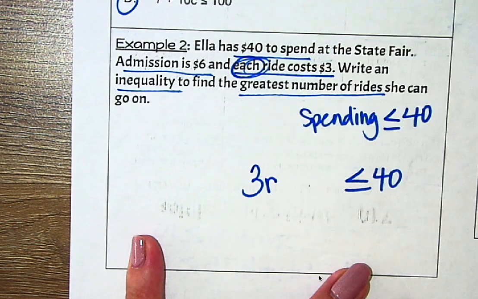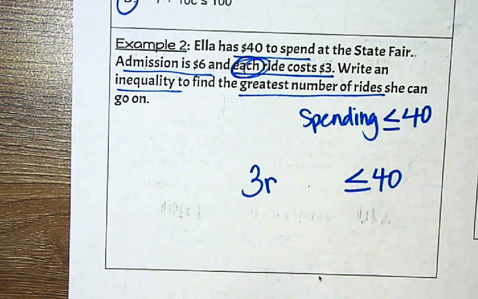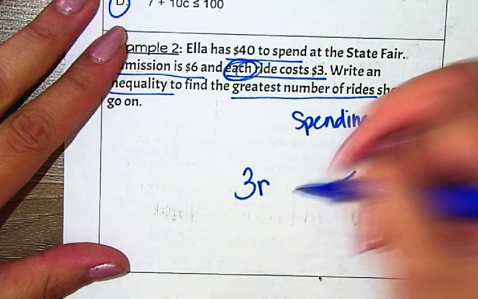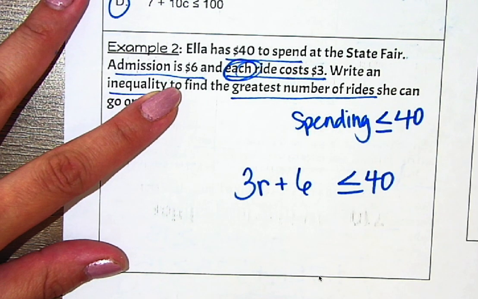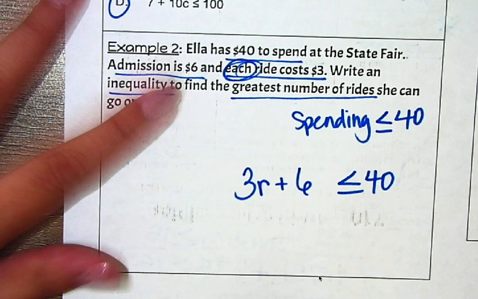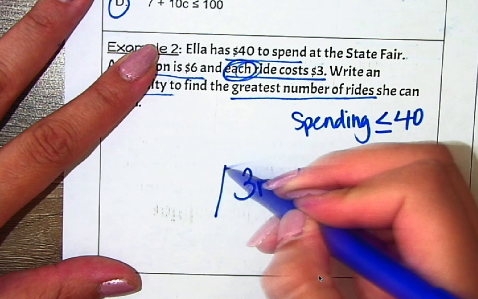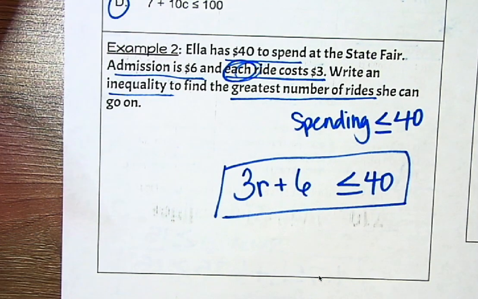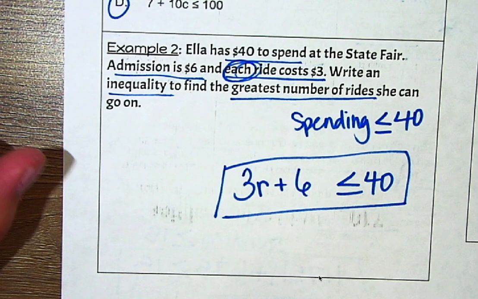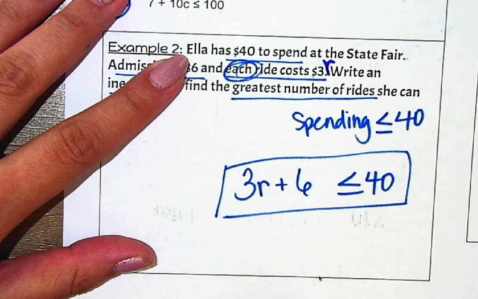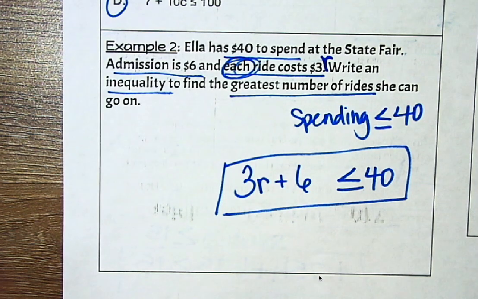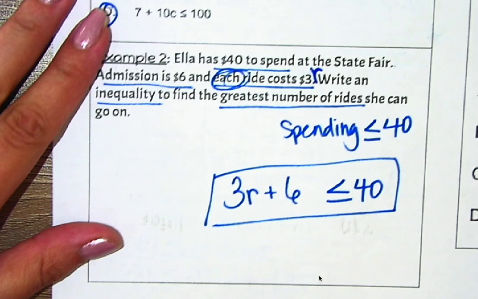Now admission, we are going to add that so we can get our total, so it'd be plus 6. So there goes our inequality. Okay, I'm going to go ahead and just write 3r to represent that variable and coefficient.